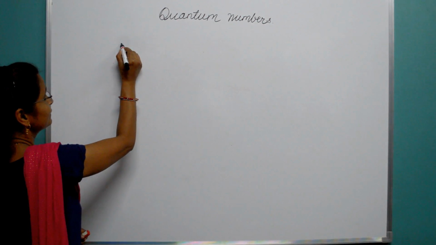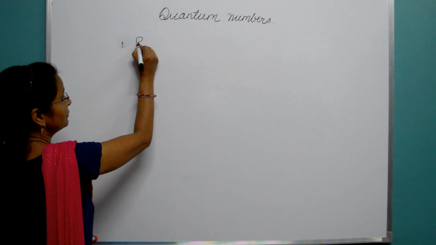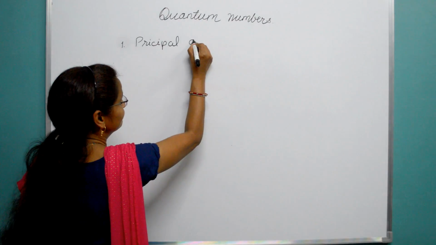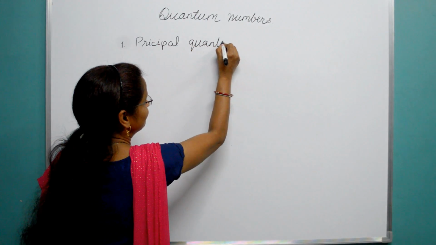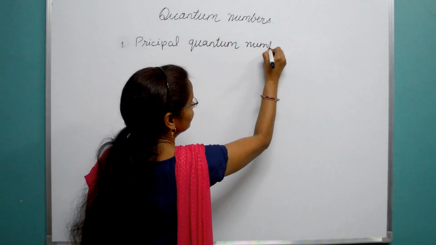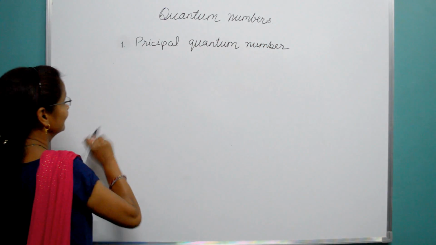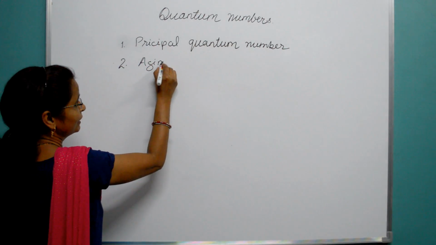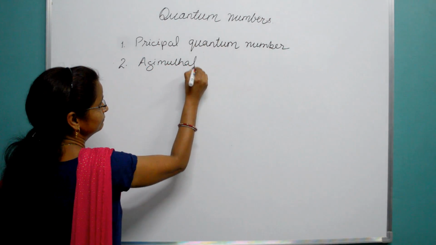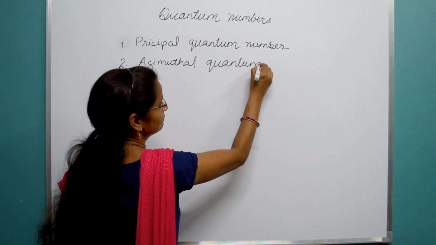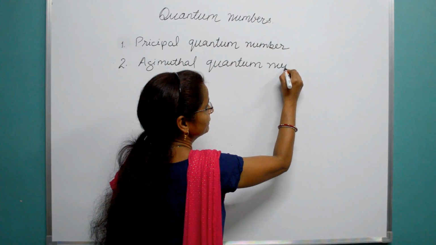First one is the principal quantum number. Second, azimuthal quantum number.